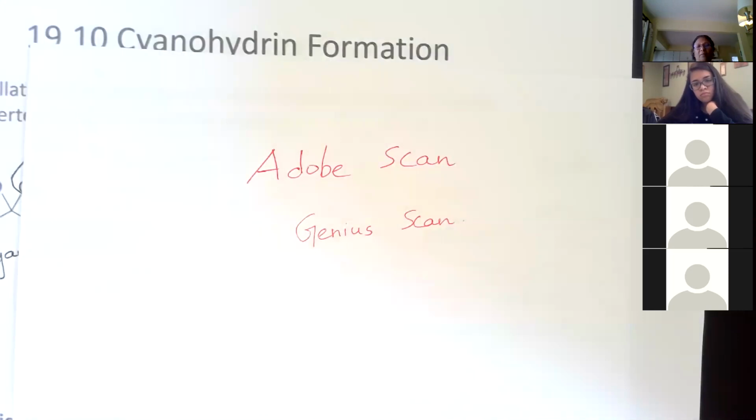Those are the little mistakes that I saw. I just have one more question to grade. I'll grade that tonight, and I'll scan it back using Adobe Scan and send it to y'all.